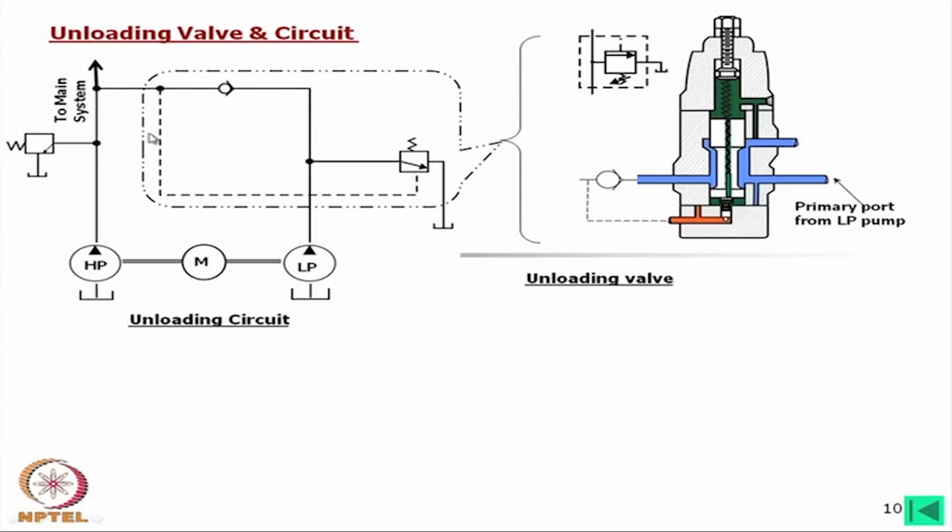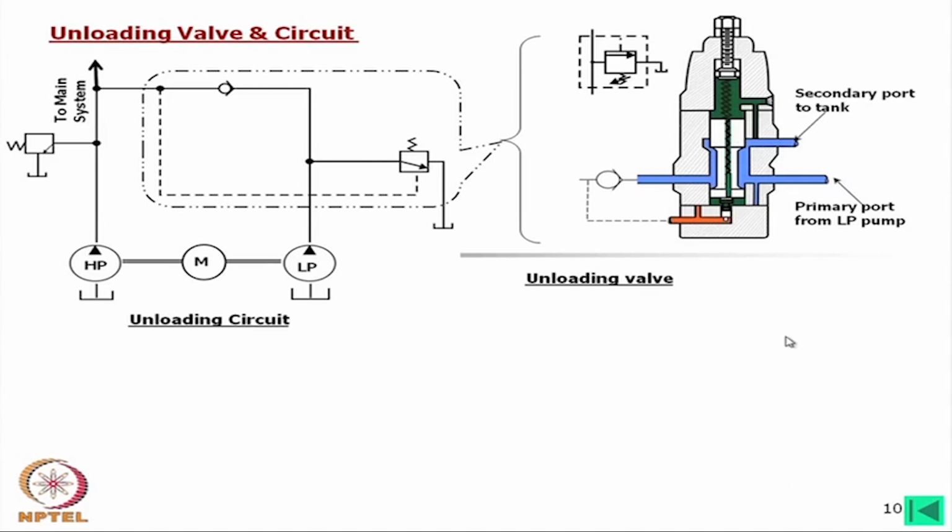Now this same pressure is coming over here, and under that condition this is being opened. Do you understand? The pressure here is more than the setting of 10 megapascals, say 11 megapascals. So it will open, and flow is going to this, so this is unloading, coming from here to here.